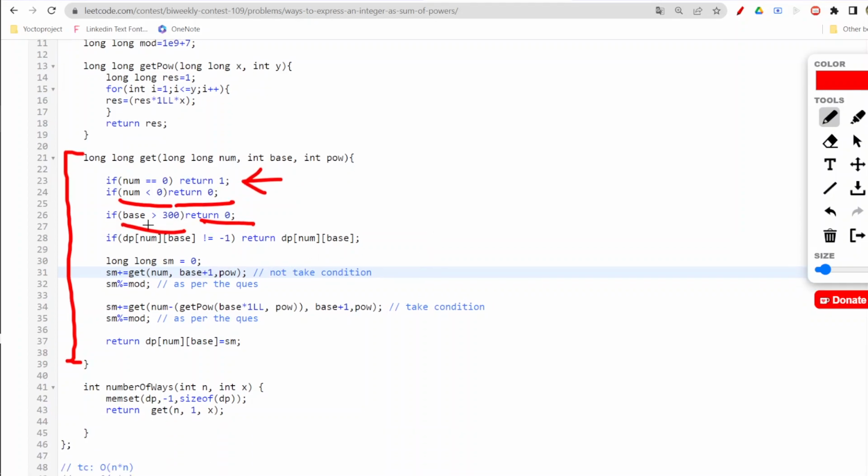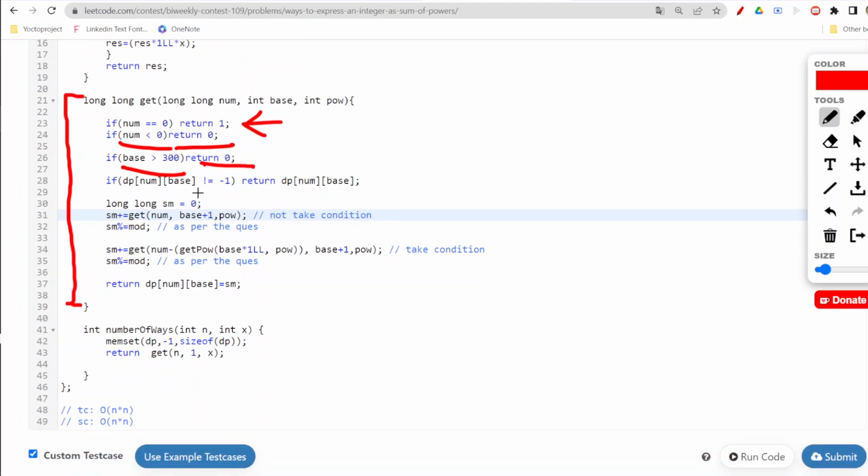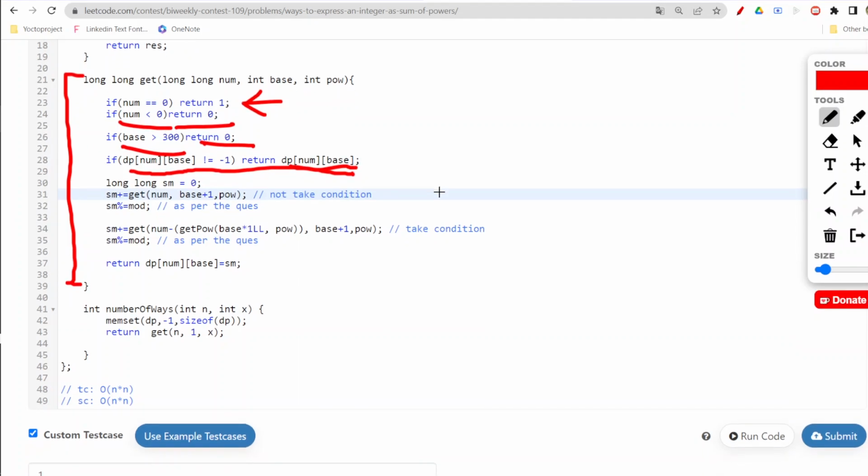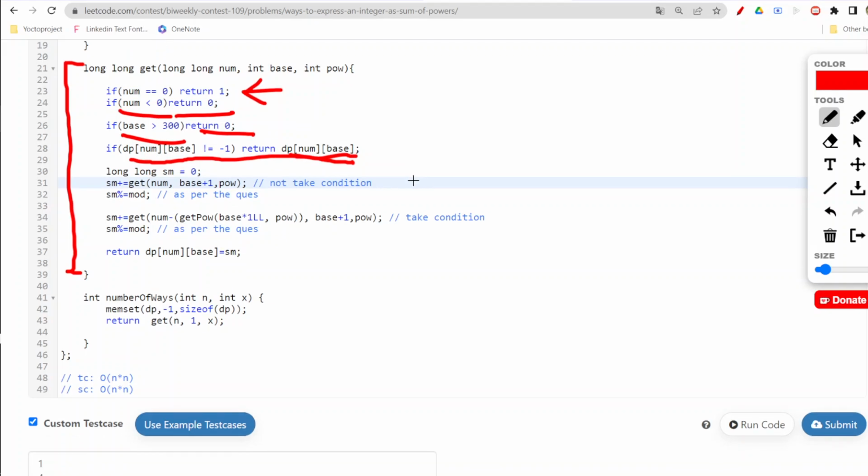So if our base becomes greater than 300, then we will return 0 at that time. Now this is that thing which we usually do in our memoization part, that if that is not equal to -1, then we will be returning that particular integer which would be stored here. This is that particular value.